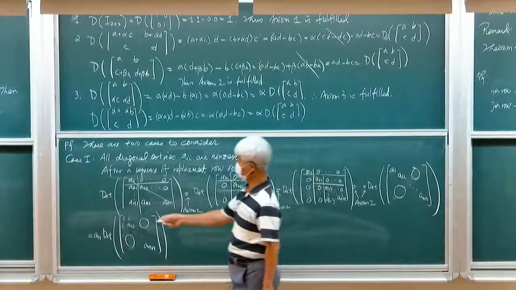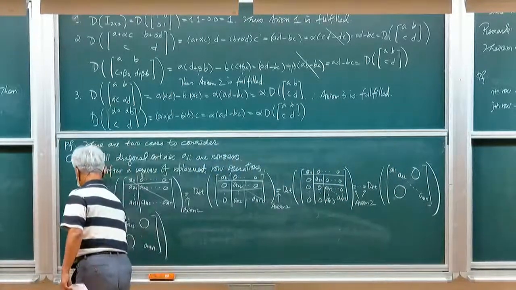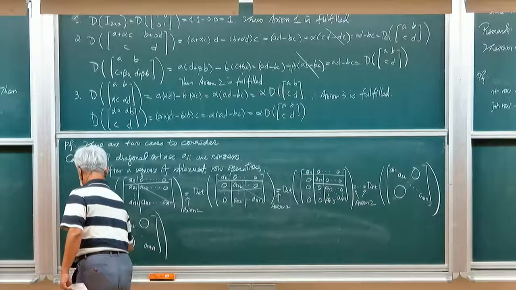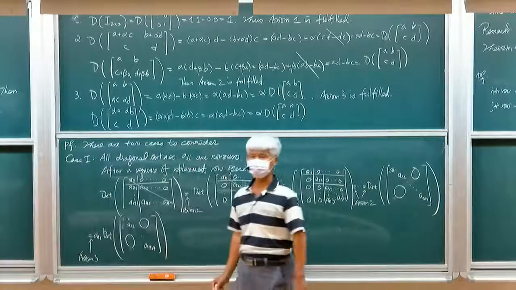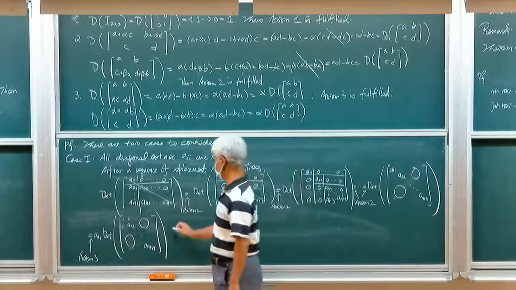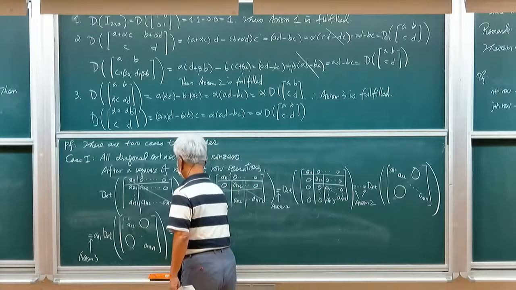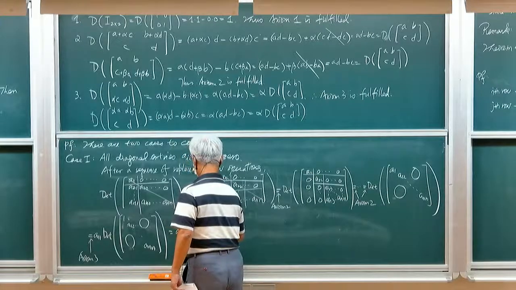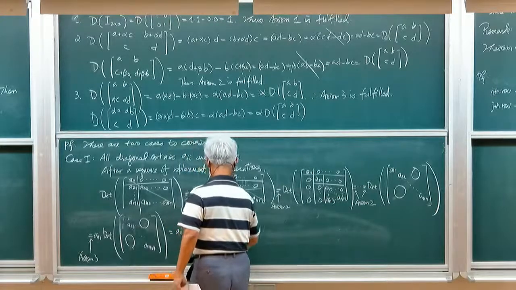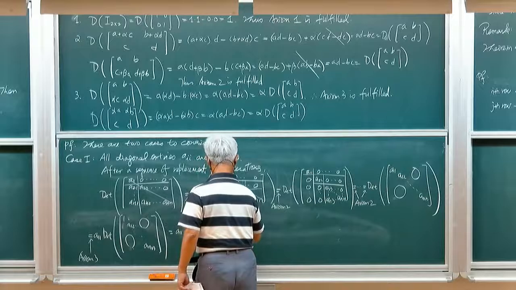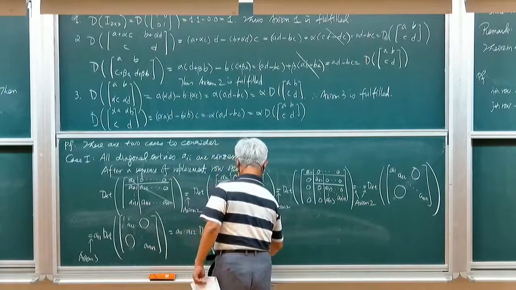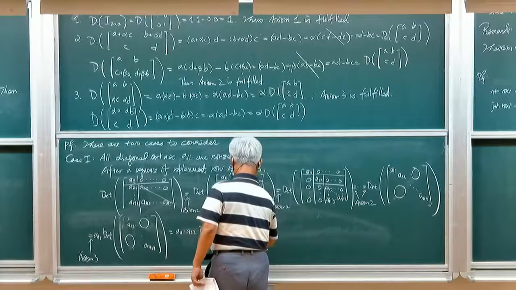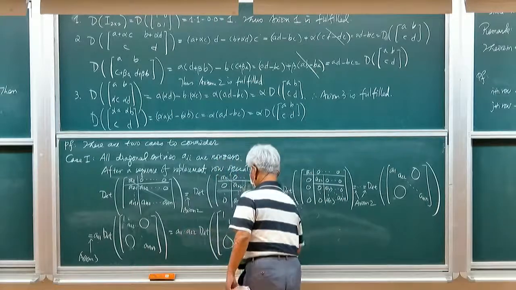Okay, so by axiom 3, you get A11 here. And similarly, you get A11 times A22, 1, and 1, and so on.